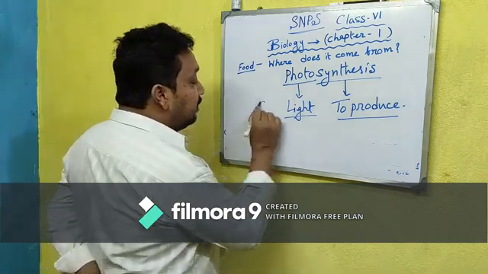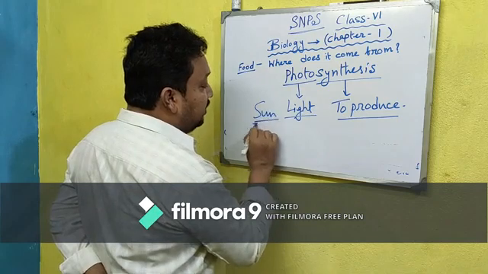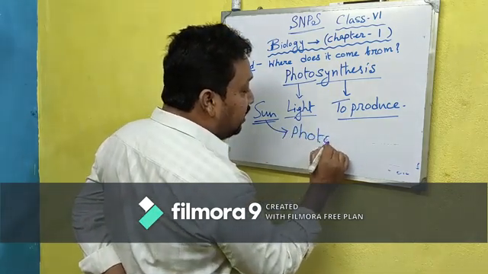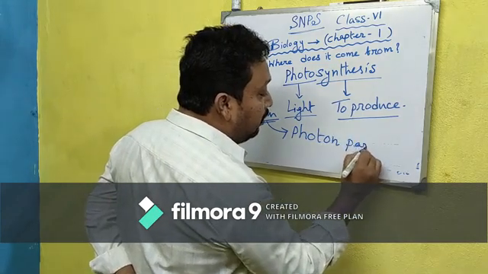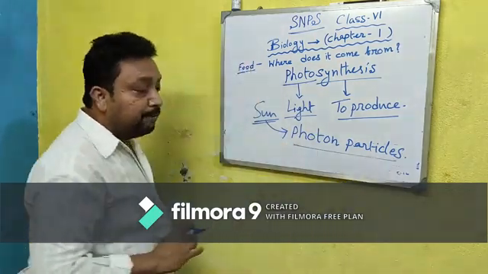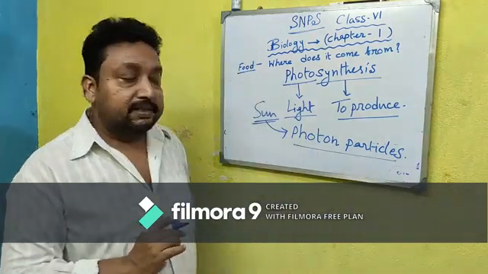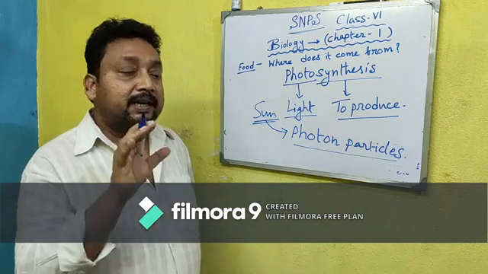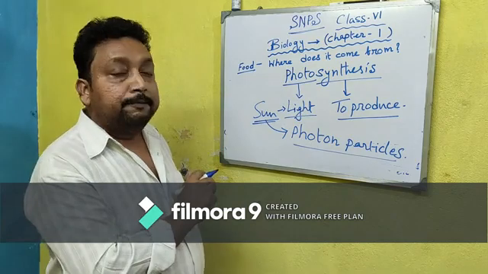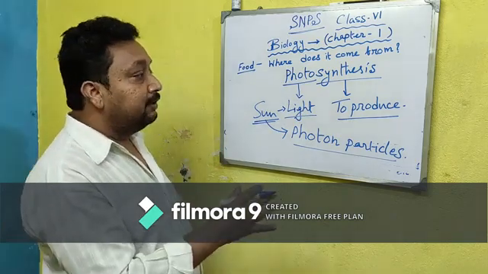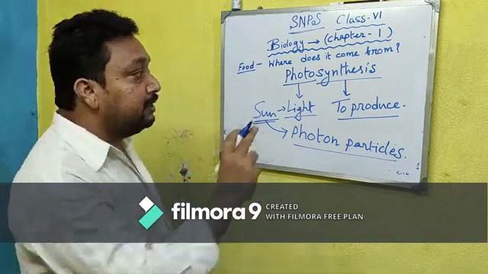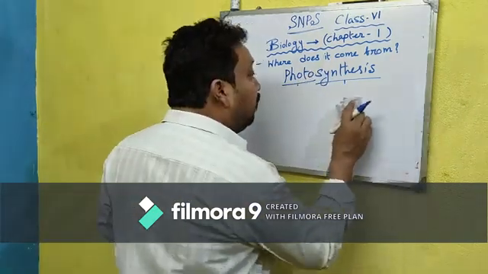Light means sunlight, because there is an energy particle known as the photon. Photon particles are energy particles that come from the sunlight, which is absorbed by the plants and used to produce food. That process is known as photosynthesis.